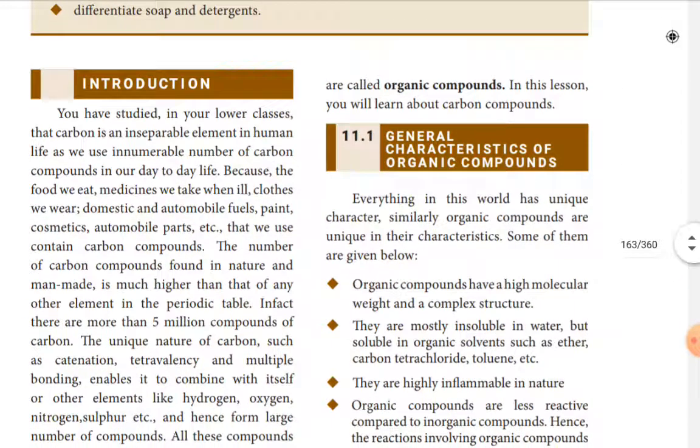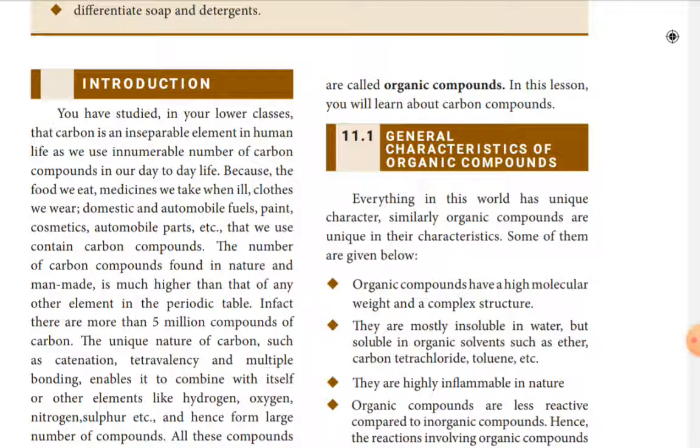So already you have studied that organic compounds are generally obtained from living beings, and also the unique nature of carbon like catenation, tetravalency, multiple bonding, which enable carbon to combine with itself or other elements like hydrogen, oxygen, nitrogen to give a large number of compounds.